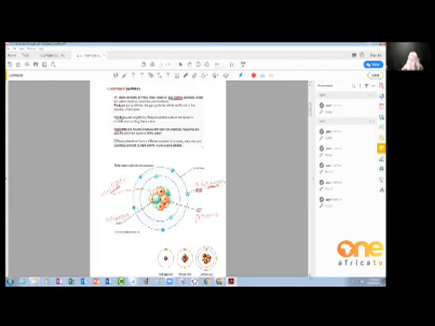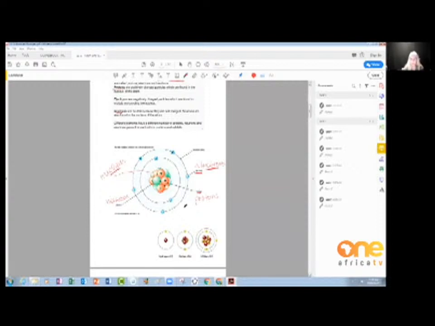As an example, in these little pictures at the bottom, we have three atoms of three different elements. We have hydrogen, and we see that the hydrogen is made out of one electron. It has one electron orbiting its nucleus, and the nucleus of the hydrogen most often has one proton. So this would be a hydrogen. It has one proton, one electron.